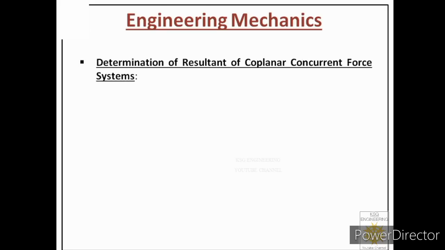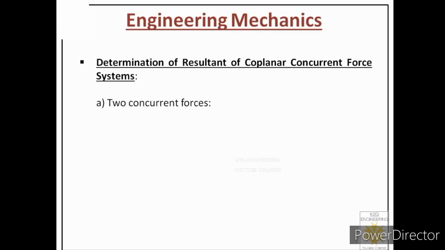Now we'll see determination of resultant of coplanar concurrent force system. So in our syllabus, we will deal with coplanar concurrent force systems only. And I hope you are familiar with this system because we have discussed these systems in the previous lecture.